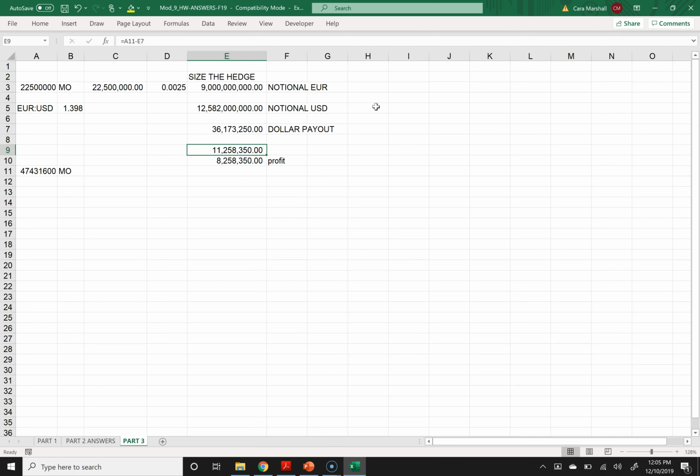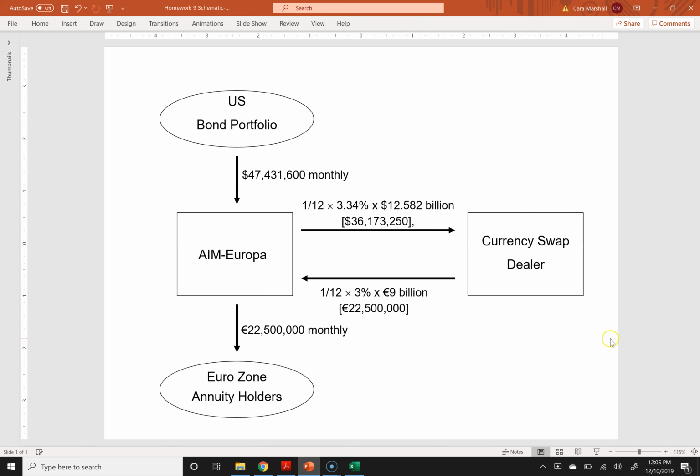And so later, if you wanted to sell for the profit, well, we said there's 3 million in other costs. So we just subtract that out. But ultimately, the diagram I was looking for is something that looks like this. If you were able to get this, you got some extra points. Some of you came close, and I gave a little bit of partial credit if that was the case.